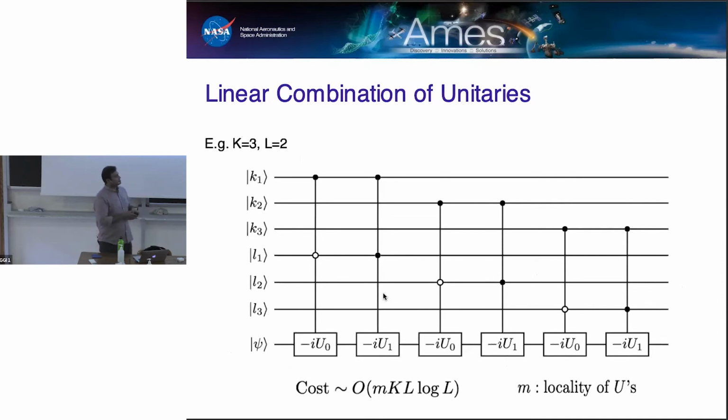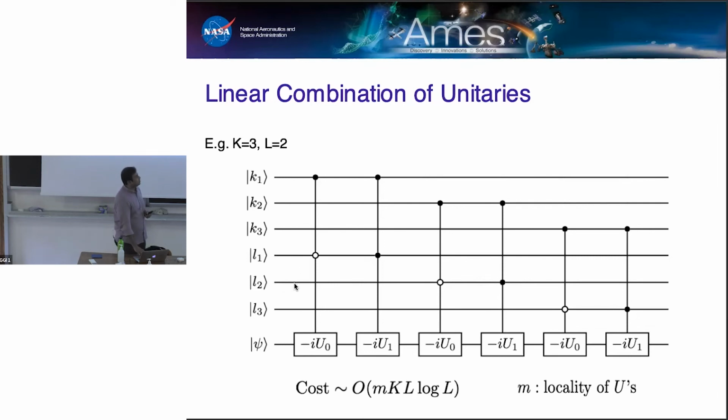So somewhat schematically, it looks like this, right? For example, if I truncate the Taylor series to order K equals 3, and I have a Hamiltonian that's only a sum of 2 terms, L equals 2, then I only need a single qubit, because a single qubit is enough to capture 2 states, right? But I need K many copies of those L registers.